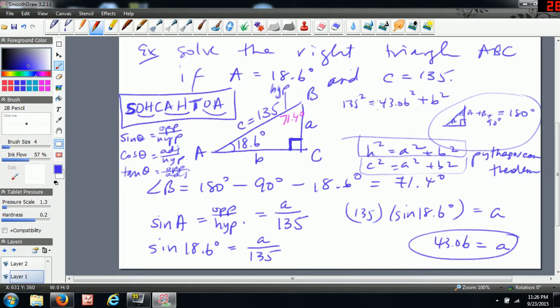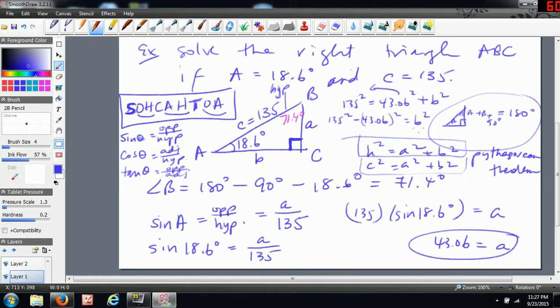Okay, so when we do that, we should get that B is equal to, let me just show you a few more steps, sorry. To do that, I would bring this over here. So 135 squared minus 43.06 all squared is equal to B squared.